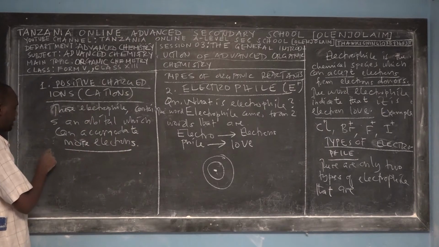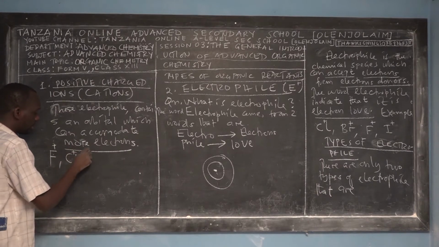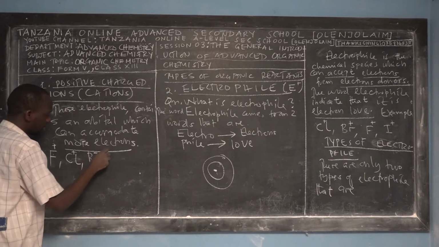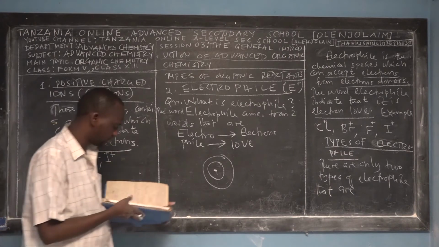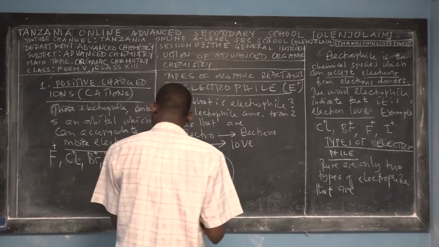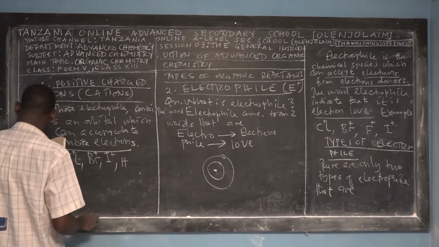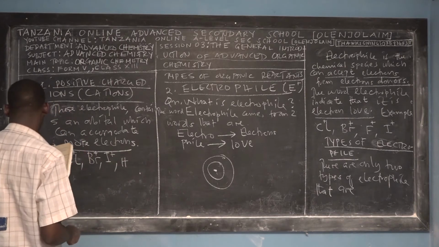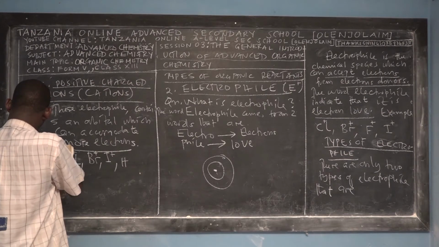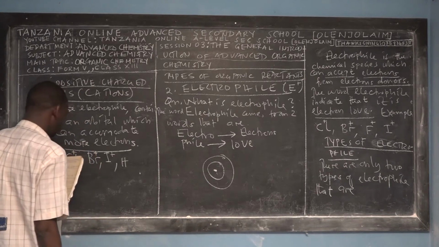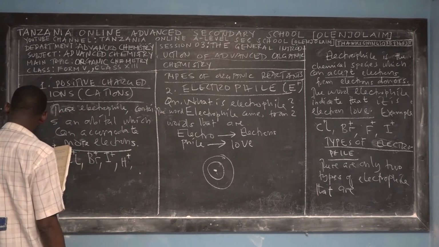Examples of these positively charged ions are fluorine, chlorine, bromine, and iodine. I'll show you soon why they are positive ions. But again, we have the hydrogen ion. I'll show you some of this bonding.